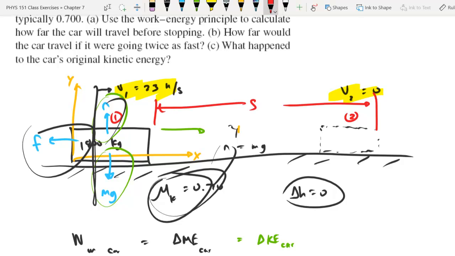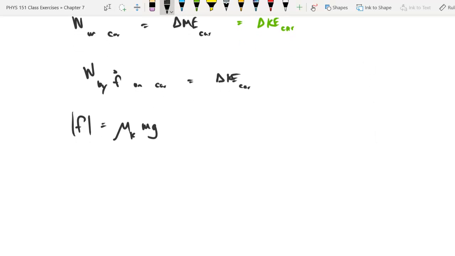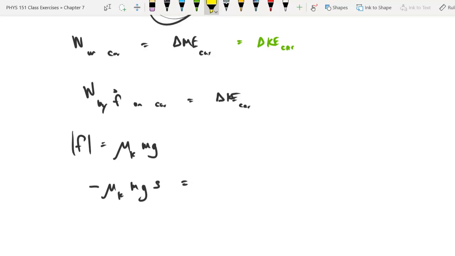Okay, so this frictional force times this displacement is the work done by friction, which is equal to the change in the kinetic energy. So we have negative mu k mg s is equal to, right, this is my frictional force, this is the direction of it, this is the displacement, and this is equal to the change in the kinetic energy.